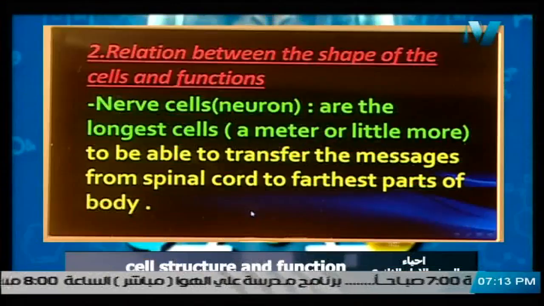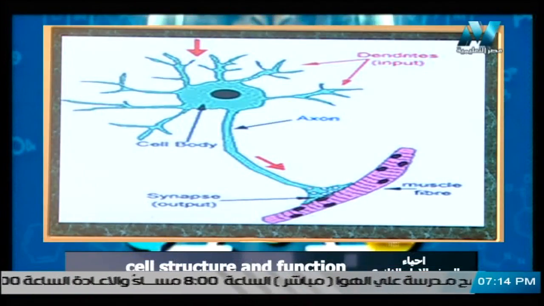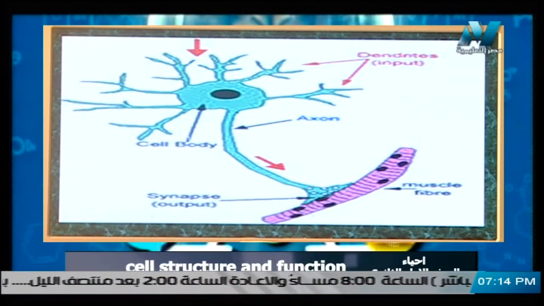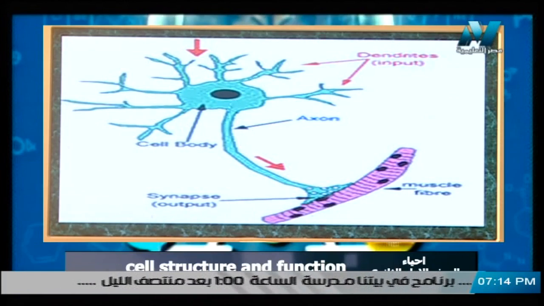Alright? So there really is a relation between the shape of the cell and the function it carries out. Another type of cell: this is a picture of the nerve cell. Okay? Do you see that the nerve cell contains a cell body, a nucleus and dendrites? This is the part that collects the impulses, and the axon of the nerve cell.